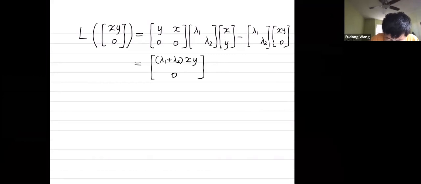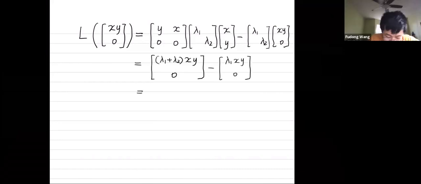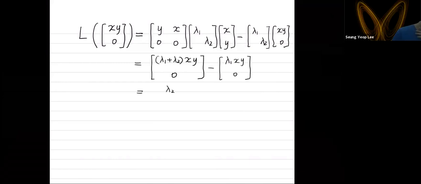And then for the second one, you get lambda 1, xy. So what do we get? Lambda 2 times xy, 0. Well, again, it's an eigenvector.